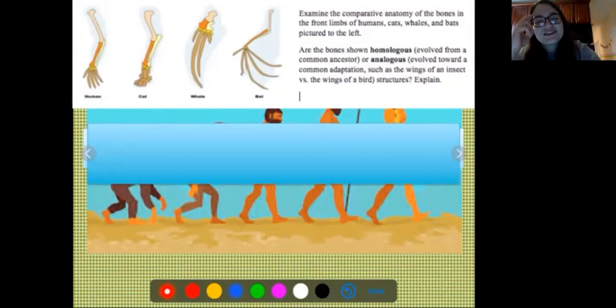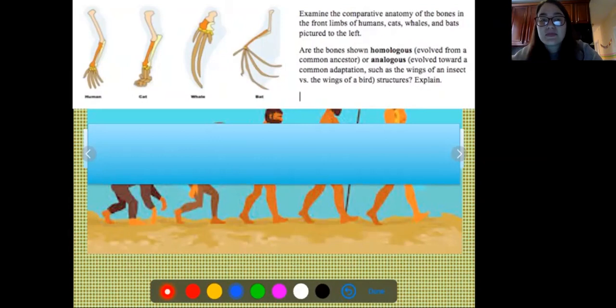And obviously these are 4 different species that you wouldn't think would be that similar, right? I don't think I have much similarity with a bat, but if you look at the bones that are highlighted in orange and yellow, we can see that these structures are actually very similar between each species.